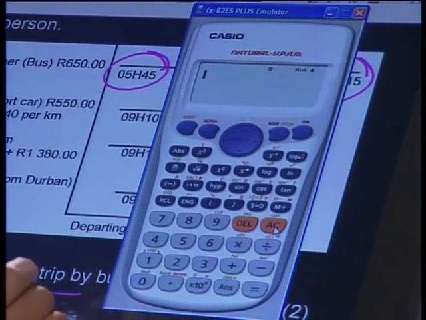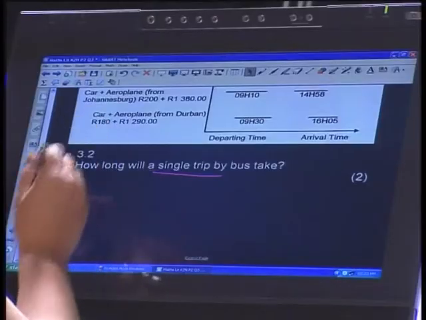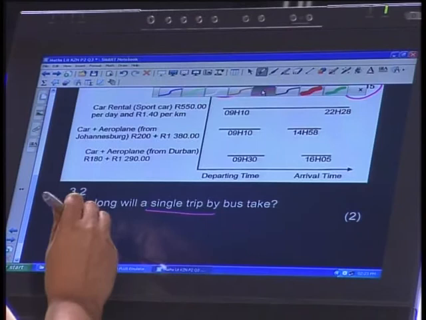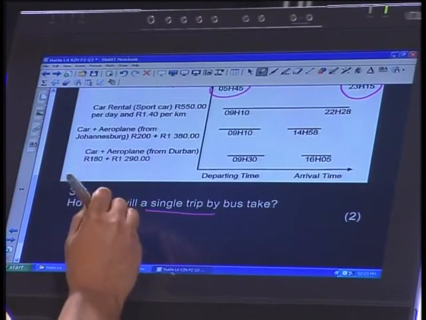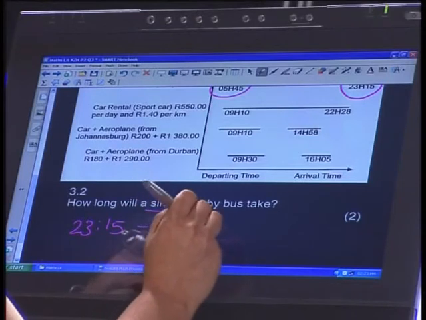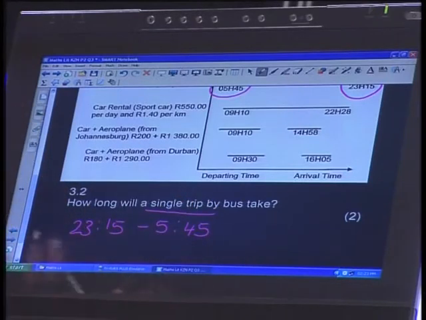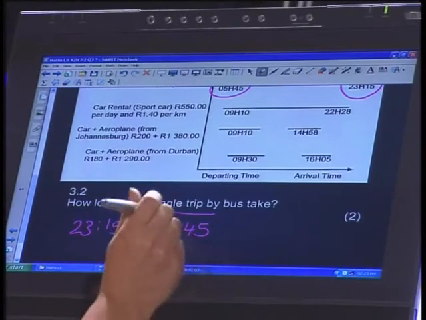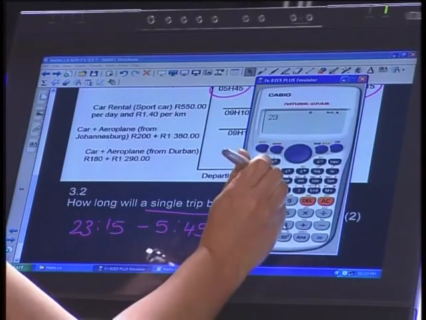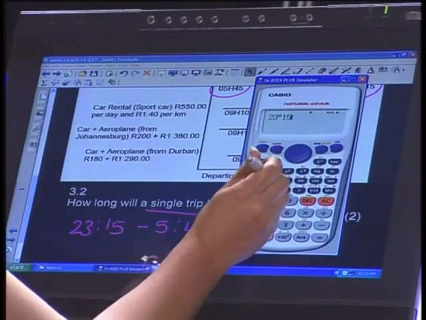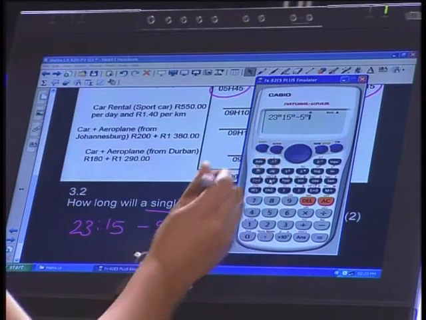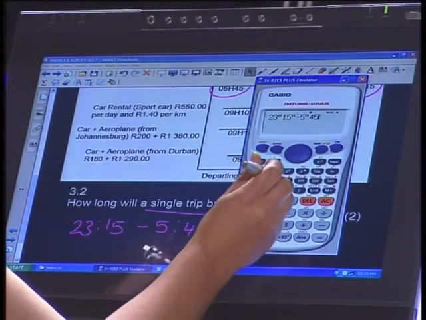Before we go to our calculator, I need to work out the time from 23 hours 15, and I'm going to minus the time that I left. That's basically the time that they were traveling. So on my calculator, I've got 23 hours and 15 minutes minus 5 hours and 45 minutes.